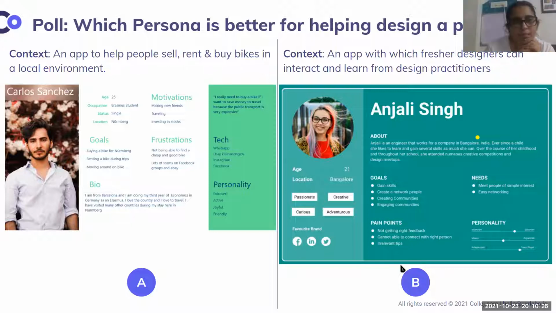Like the bikes on rent should be easily locally available. Okay, so he's not willing to travel. Yeah, he's not willing to travel. Yes. He might rent a bike for trips because he might need a better bike for longer trips. Okay. I think he wants one bike for himself. Maybe he's not too worried about the quality, but I think he's someone who wants to try different experiences in terms of renting a bike, going to different places.